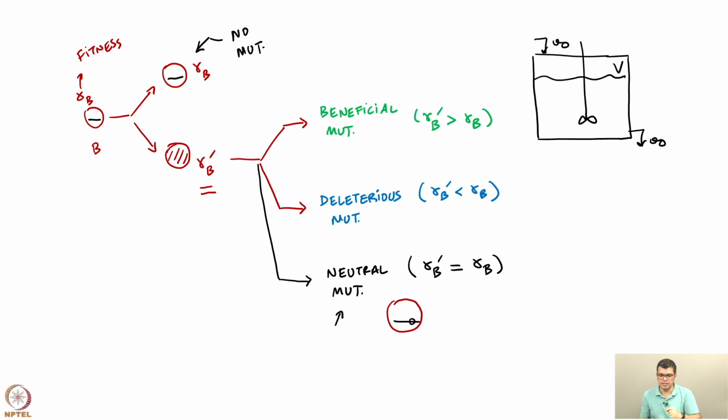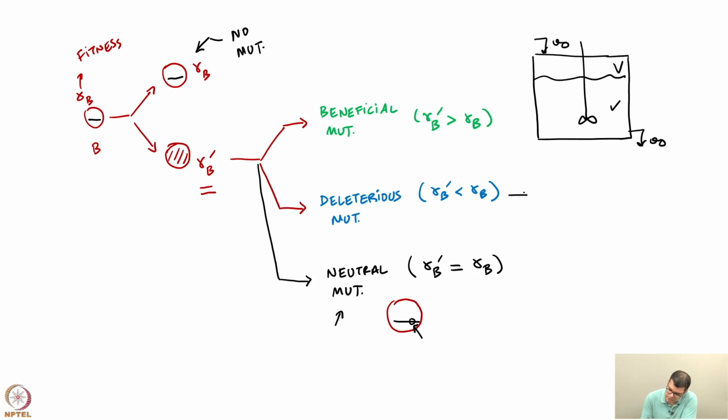It is just that in the environmental context in which growth is taking place, this particular mutation has no effect on growth rate associated with the bacteria. So, as these new variants are coming up in the chemostat, their mutational effects are going to be either beneficial, deleterious or neutral.